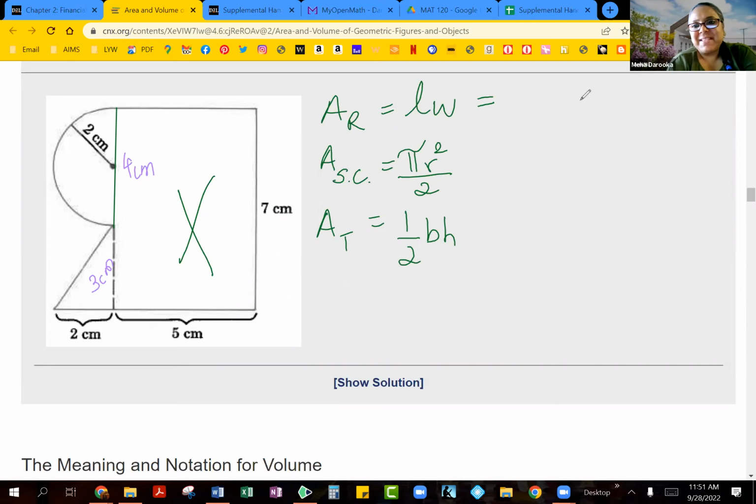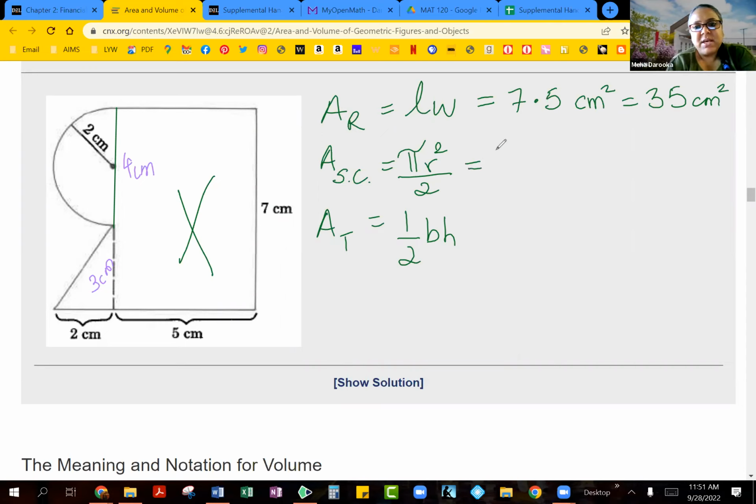You're of course doing centimeter times centimeter, so this will come out to be square centimeters. So 7 times 5 will give us 35. Okay, Michael, let's verify that. So we got the rectangle taken care of.